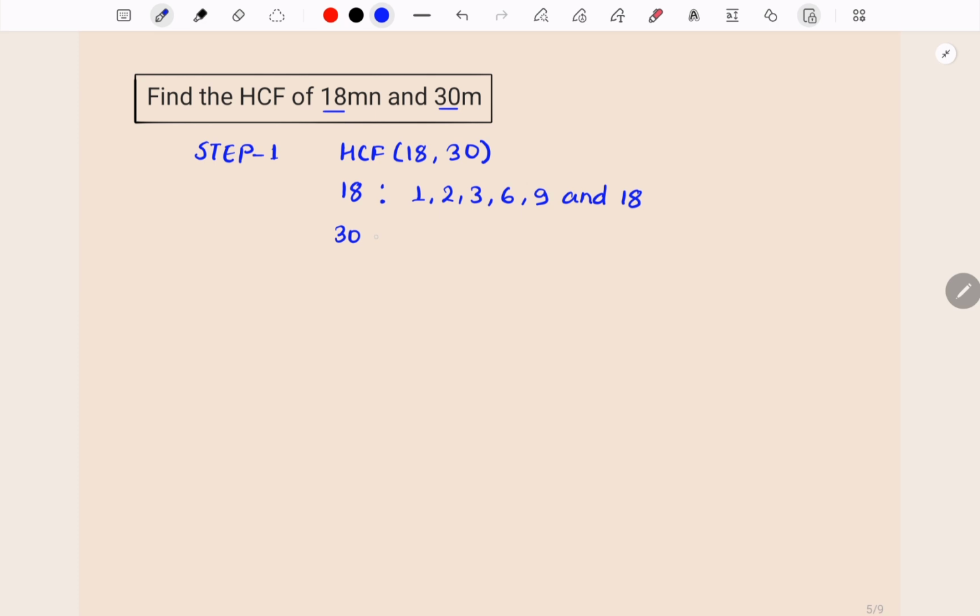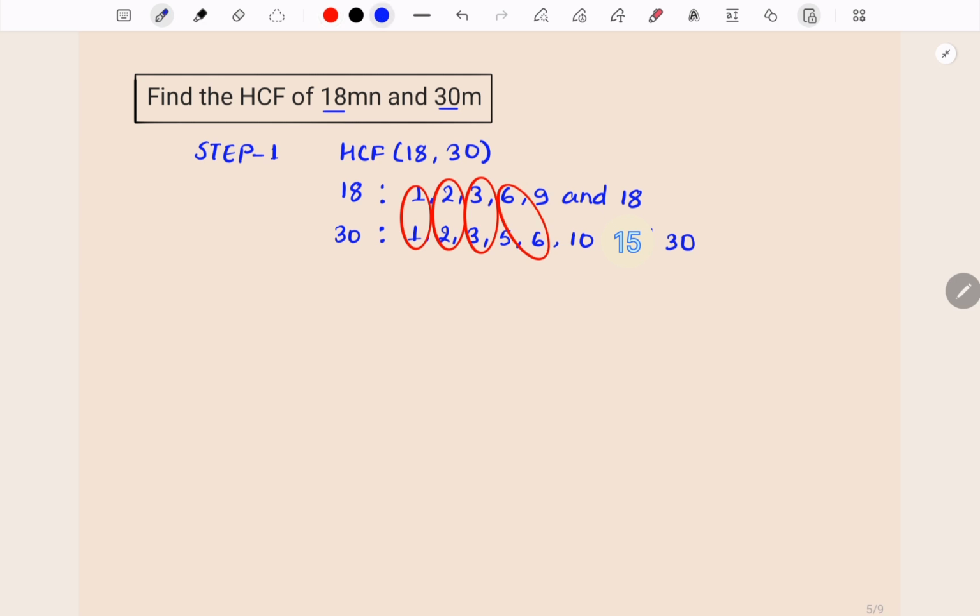Now let's write the factors of 30. Factors of 30 are 1, 2, 3, 5, 6, 10, and 30, right? Now let's look for the common factors. Clearly in the list we can see that 1, 2, 3, and 6 are the common factors.